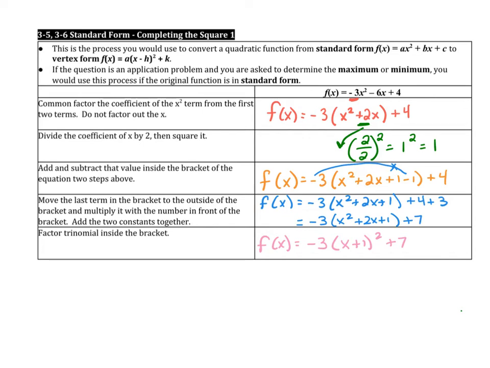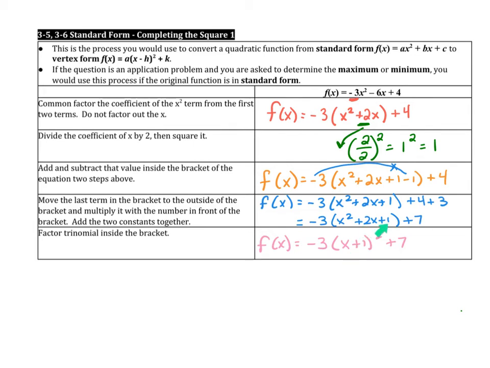So let's talk about why we're doing all these weird steps. First of all, to get this equation, we need this here to be a trinomial that you can factor where both numbers are the same. It won't make the x minus h squared, like here, if the two numbers that multiply to 1 and add to 2 aren't the same.